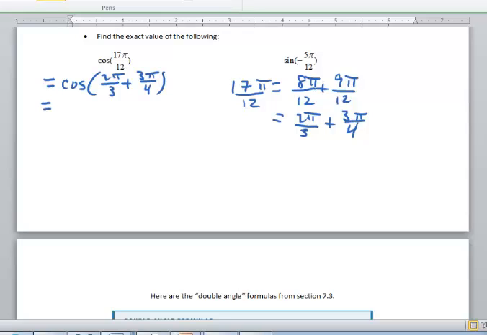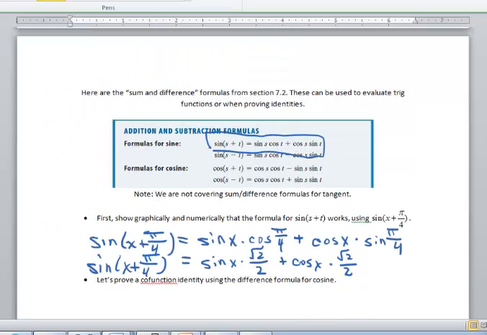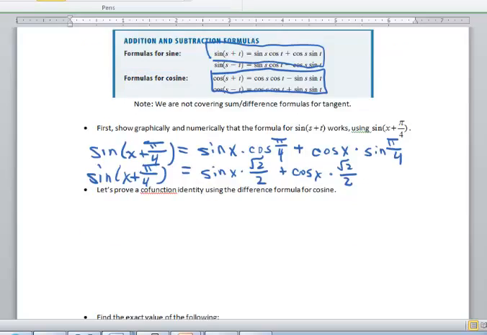And now I would go up and look at my formula for the cosine of a sum, which is right here. Now my value of s is 2 pi over 3, and my value of t is 3 pi over 4. So I take the cosine of the first times the cosine of the second minus the sine of the first times the sine of the second.